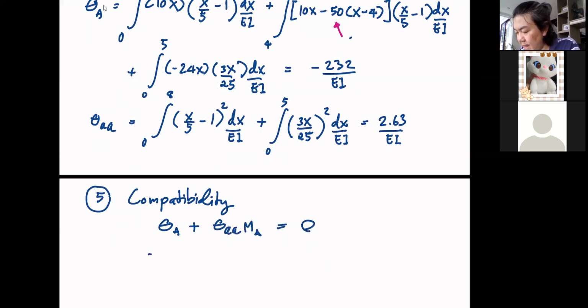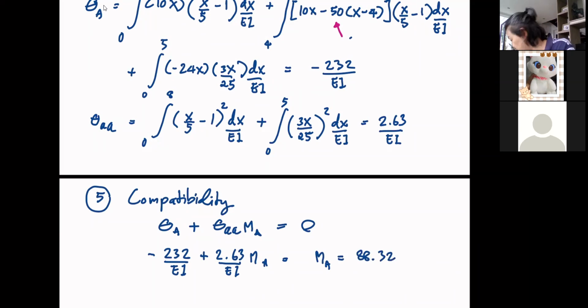Now we have minus 232 over EI plus 2.63 over EI times MA. So now, as the sign switches, we have MA as a positive value of 88.32. The unit is kilogram meter.